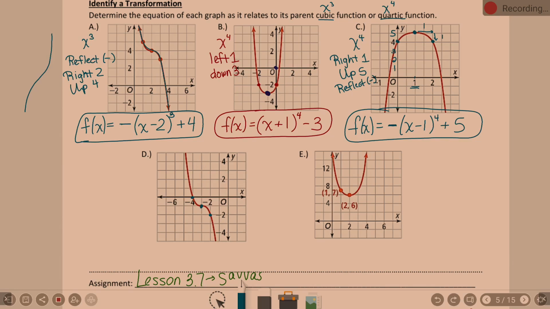What piece of information have you gathered? What type of graph is this, class? Cubic. Then x to the third. How far does it move? Left 3, down 1.